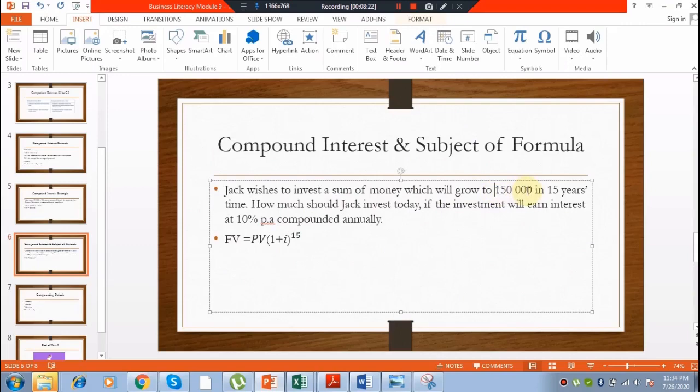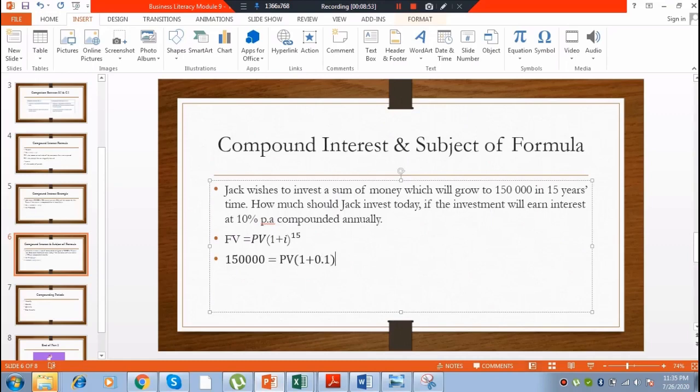to 150,000. So already we know the future value here, right? The future value is going to be 150,000, and then the present value is unknown. We are not told the present value, right? Times (1 plus), but we do know that the interest is 10%, so 0.1, 10 over 100.